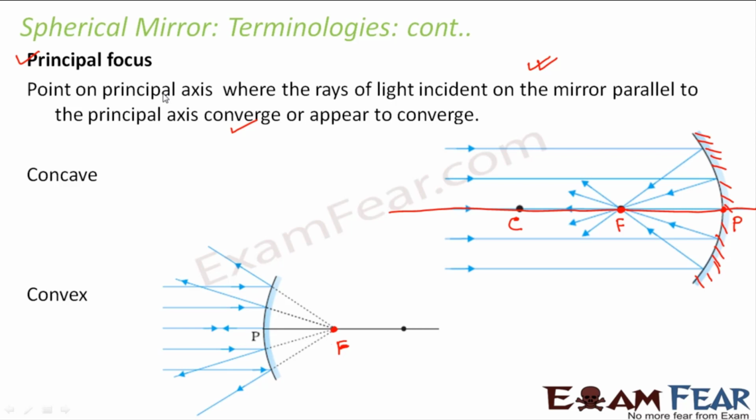So in case of concave mirror, the reflected rays are actually converging at the principal focus, but in convex mirror, the reflected rays are actually diverging, but they appear to converge at, or they are virtually converging at, the principal focus, right? Please understand this slide very clearly, because understanding principal focus is a very important concept.